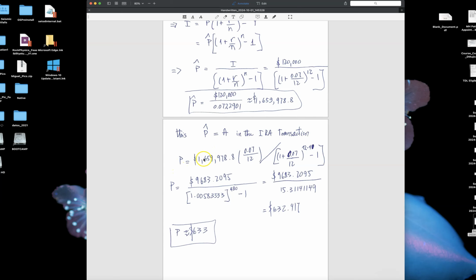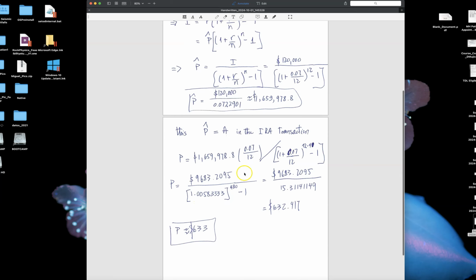What I did here is multiply this by this factor to get 9,683.21 dollars. And the factor between parentheses is equal to 1.0058. Then I raise this number to the power 480, because 12 times 40 is 480, and then subtract 1.